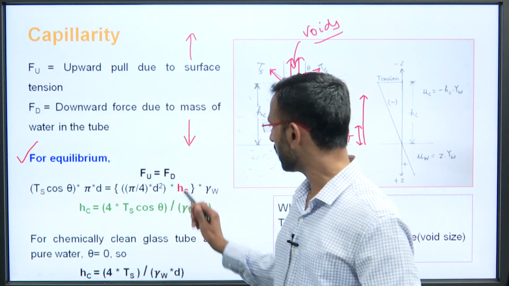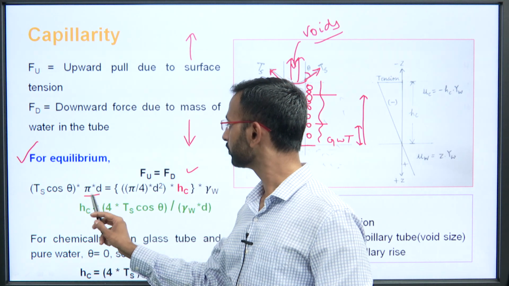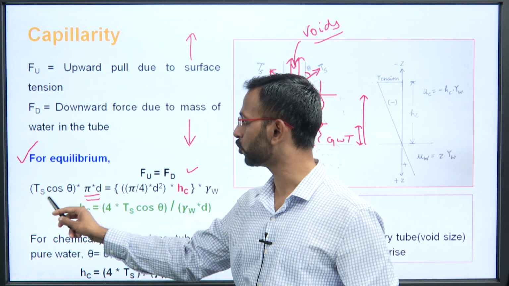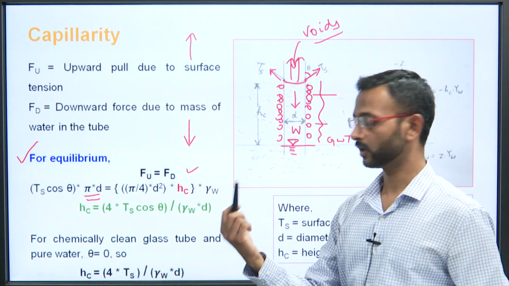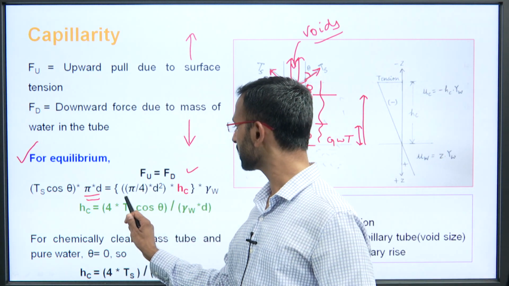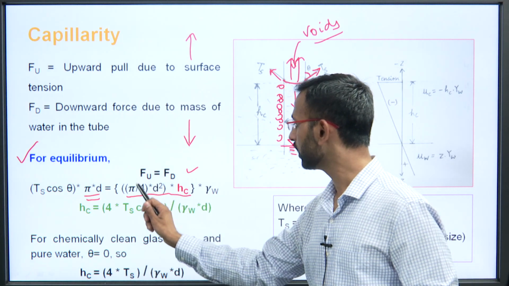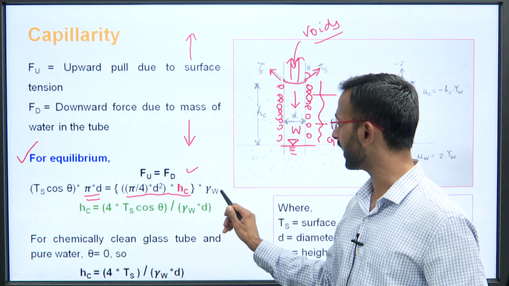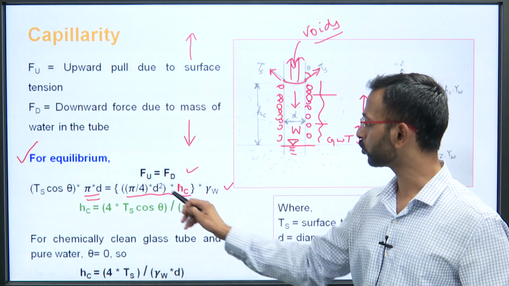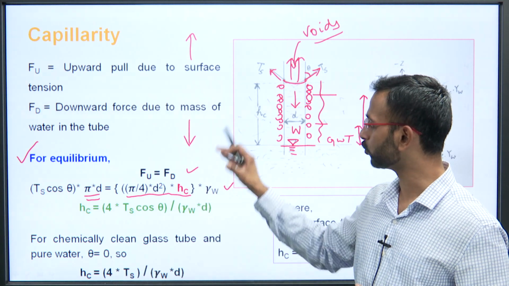Fu is equal to Fd, then Ts into cos theta into pi d, because this surface tension force is acting along the circumference of the entire void. Now this is the volume, pi by 4 into d square, that is the area, into Hc, which gives the volume of the water. We multiply it by the unit weight of the water, and that comes out to be the force acting downwards.